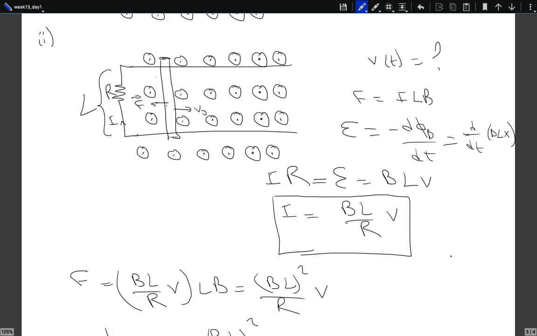So basically, even if there is no such external magnetic field, the magnetic field created by this current will also have the same effect. But we are ignoring that. In a sense, we are assuming that the resistor is very far away, not very close to our rod.